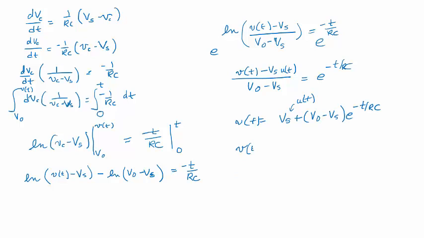So in the end, rearranging one more time, you'll get V of t equals V0, which was the initial conditions for t less than 0, and you'll get, and you can rearrange these terms a little bit more also, Vs plus V0 minus Vs e to the minus t over tau, so it's a time constant right there, for t greater than 0.